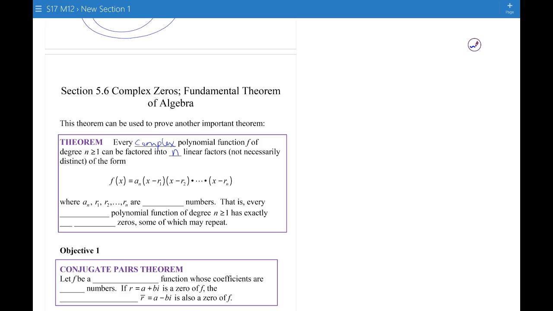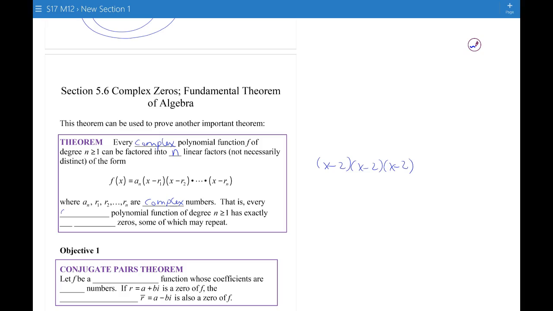In other words, if you have (x minus 2)(x minus 2)(x minus 2), that counts as 3 factors, even though they're not distinct. They're not different from each other. And so the a sub n and the r's are complex numbers.